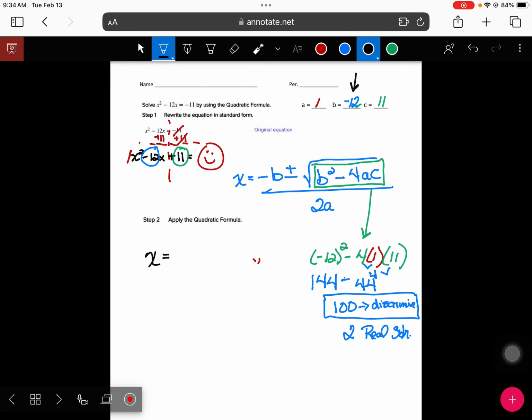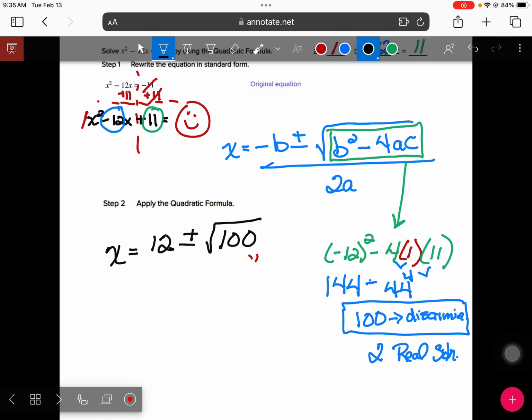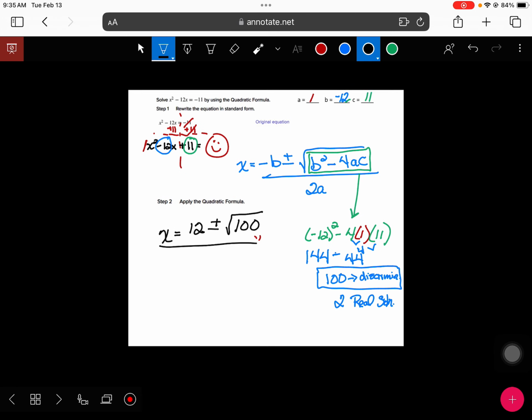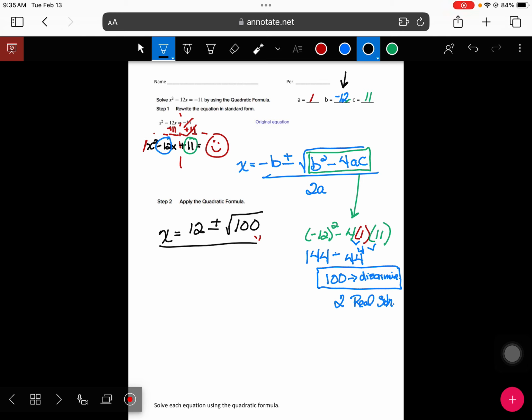Well, if b is negative 12, the opposite is going to be positive 12 plus or minus the square root of 100. See, we already calculated all that. That was underneath the radical, so that's a lot easier. All divided by 2 times 1, which we know is 2.